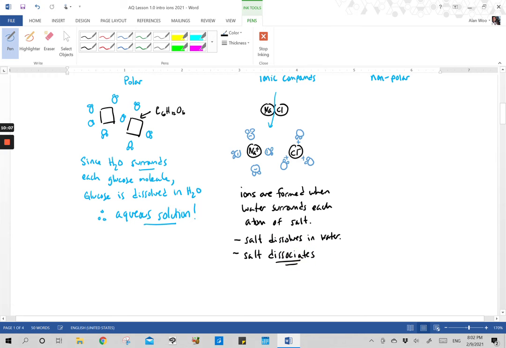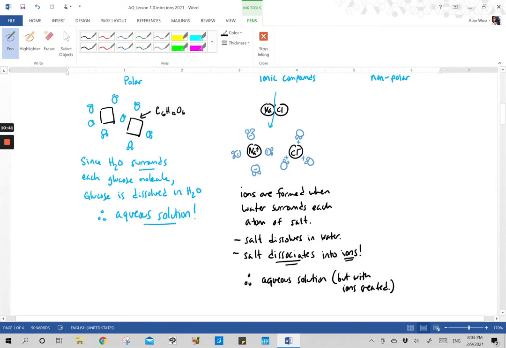Okay, it splits up into ions. Okay, so because these ions are being surrounded by water, we do have an aqueous solution, but with ions created.